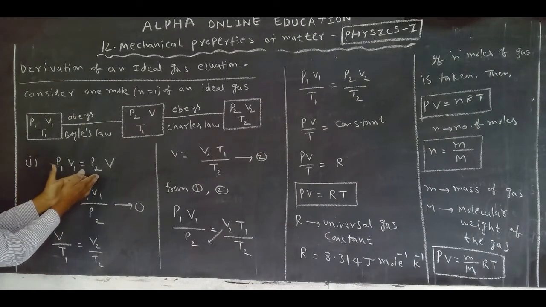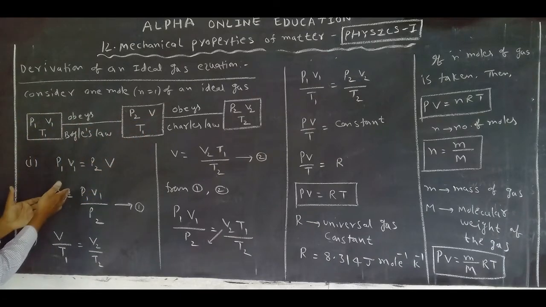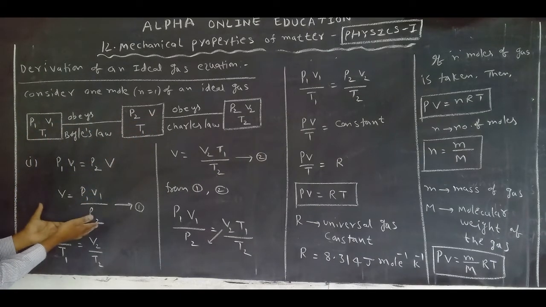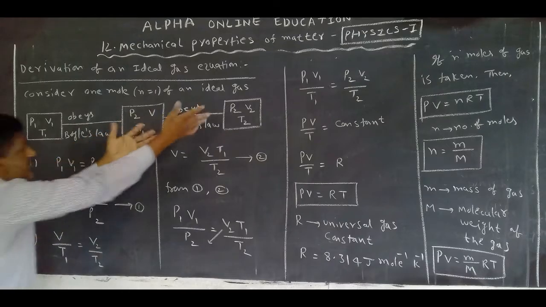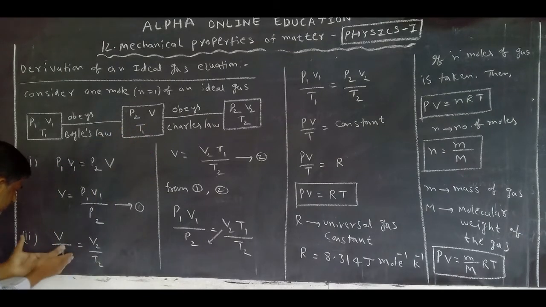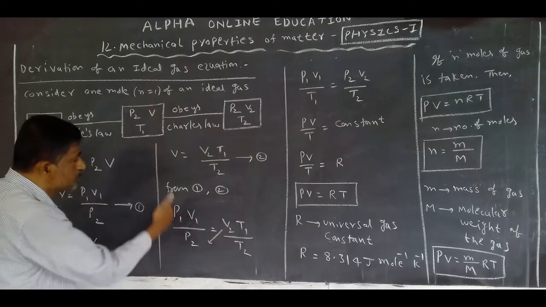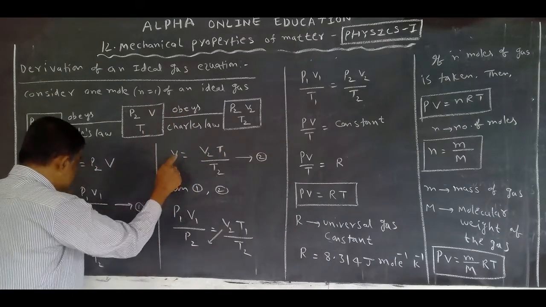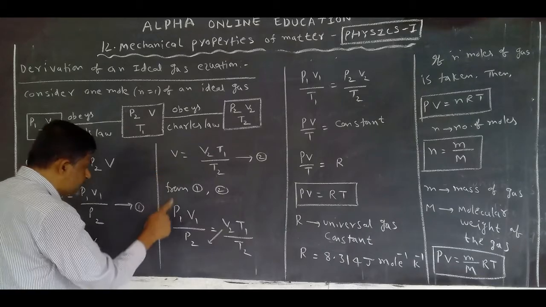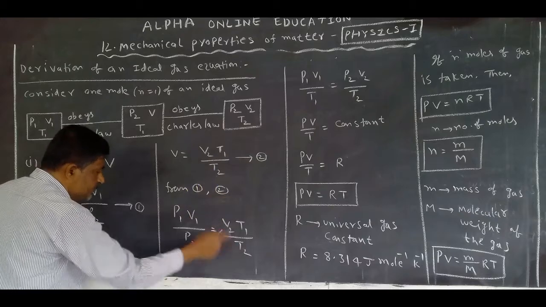So P1 V1 is equal to P2 V. By cross multiplication we get V, equation 1. In the second stage, what is the Charles law? V1 by T1, instead of V1, V. V by T1 is equal to V2 by T2. Cross multiplication, and from 1 and 2, at the place of V, you write this value. P1 V1 by P2 is equal to V2 T1 by T2.